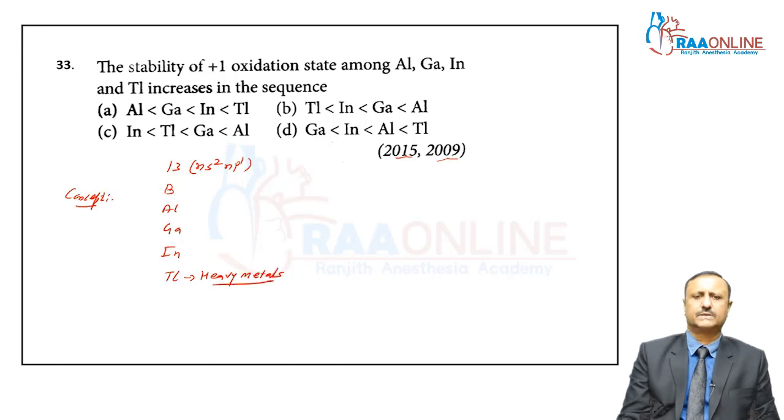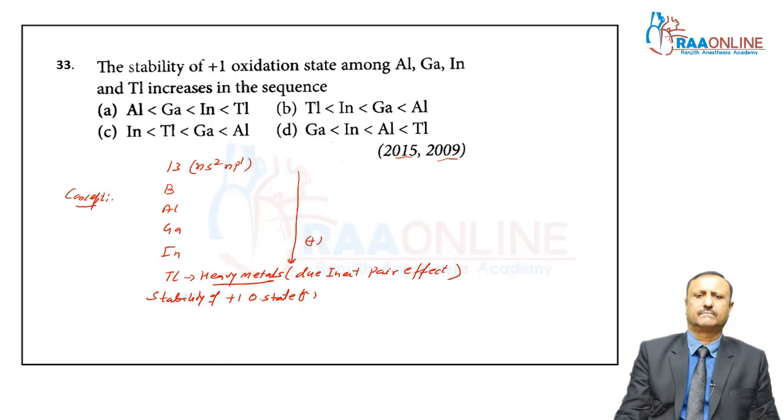In heavy metals, my dear students, the +1 oxidation state stability is maximum, it increases due to the inert pair effect. Due to the inert pair effect, stability of the +1 oxidation state increases.